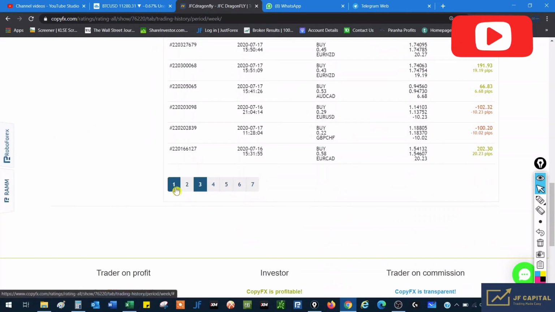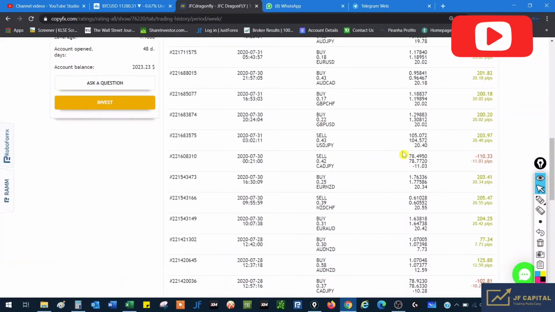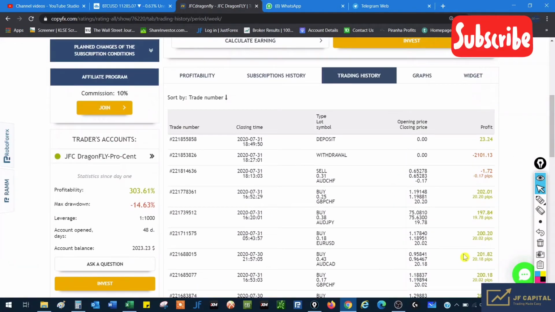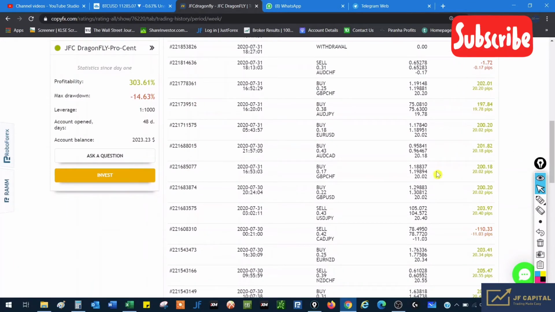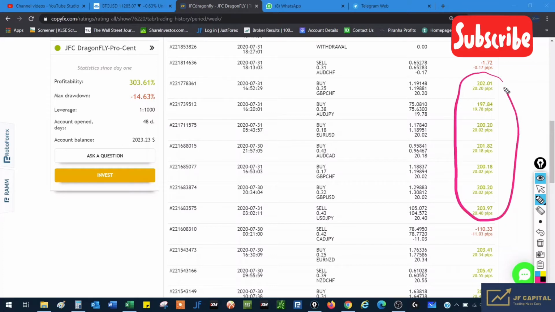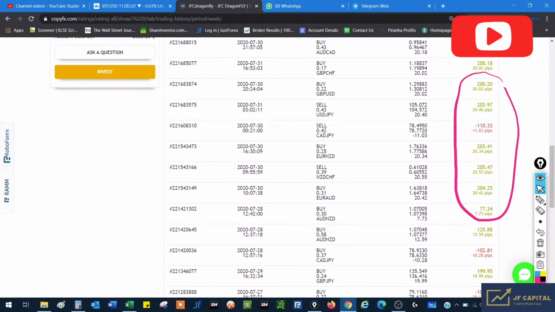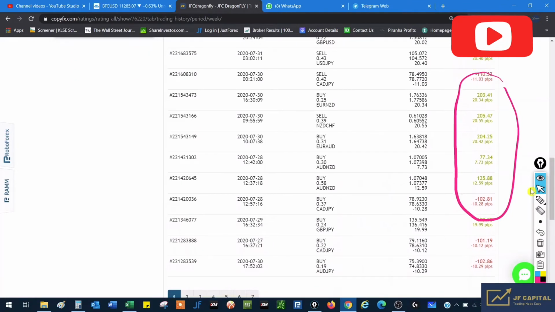If you go to page 1, there will be the recent transactions of every pairing. As you can see, for this week, I have a good week, which I have a winning streak. So I also have a winning streak somewhere here.